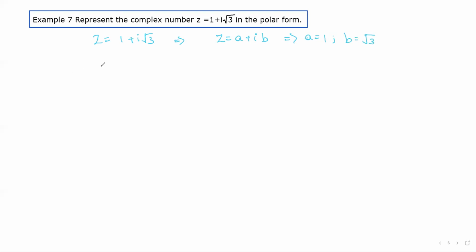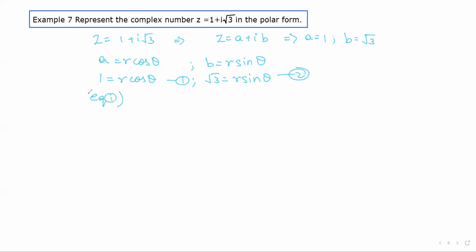Now, your a is equal to r cos theta and your b is equal to r sin theta, which means 1 is equal to r cos theta and root 3 is equal to r sin theta. This is equation 1. This is equation 2. Equation 1 whole square plus equation 2 whole square.